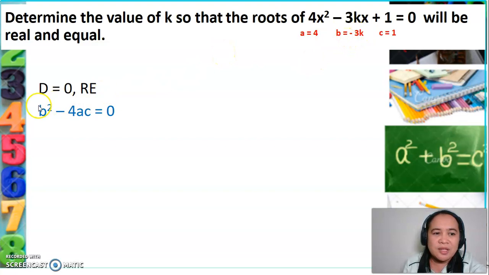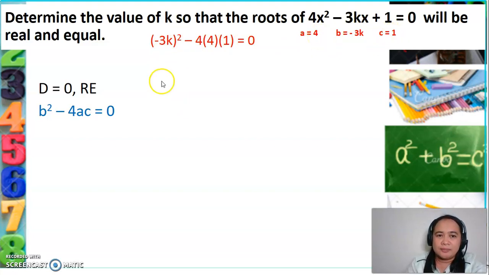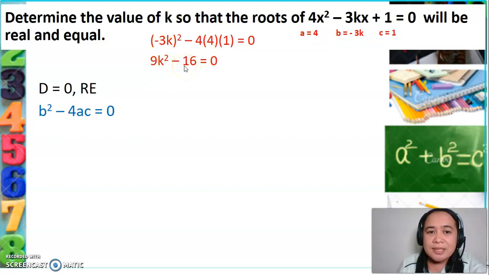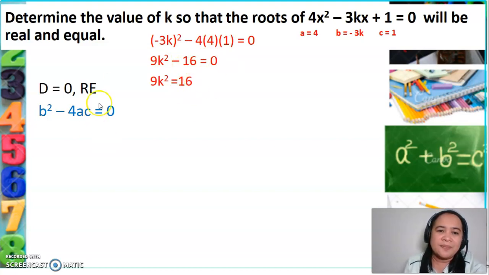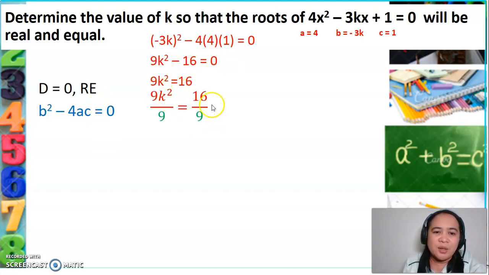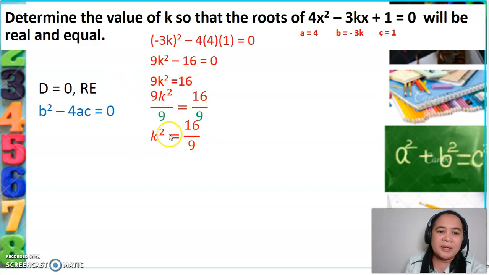Now, substituting this here, we will have negative 3k squared minus 4 times 4 times 1. This is actually 9k squared, and this is negative 16. Transfer 16 to the other side, it will become 16. Divide the entire equation by 9, we will end up with k squared equals 16 over 9.